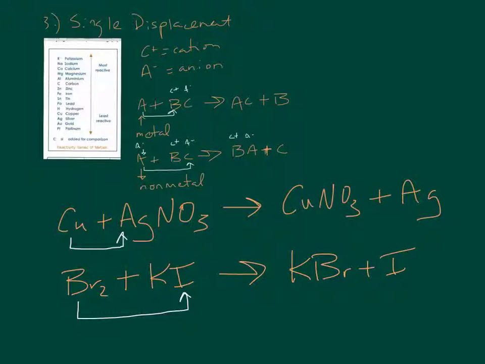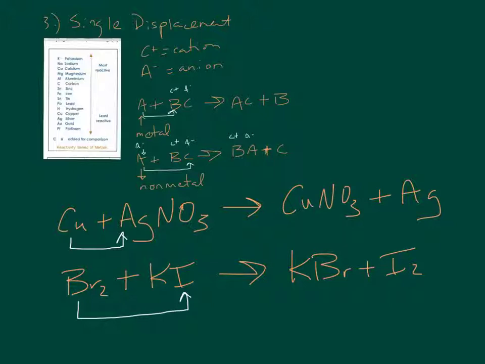Now, are we done with this? Actually, no, because, first of all, iodine is diatomic, so we've got to put the 2 here for iodine. Then we need to make sure this is balanced, and this, of course, is not balanced. We should also check our charges here. Potassium is a +1, bromine is a -1, so we're good to go there, but we do need to balance this.